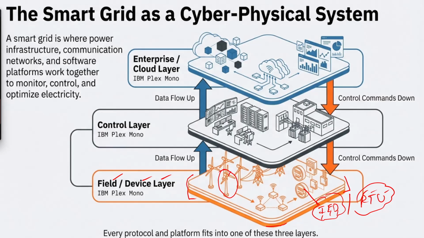So this will collect all the information. Either it will process on the field, if we have devices with the capability to process the data which we are fetching from these devices.